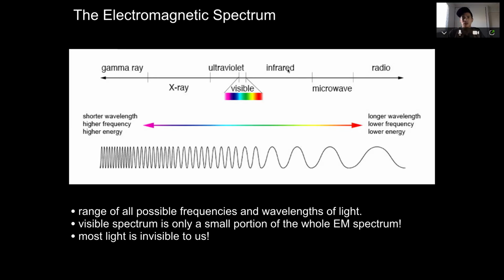And so when it comes to energy, the shorter wavelengths actually carry a lot more energy than the longer wavelength light, right? So that's why, for example, when you go get yourself an X-ray at the dentist, they make you wear some sort of shield, an X-ray shield, to protect your body from that X-ray light.